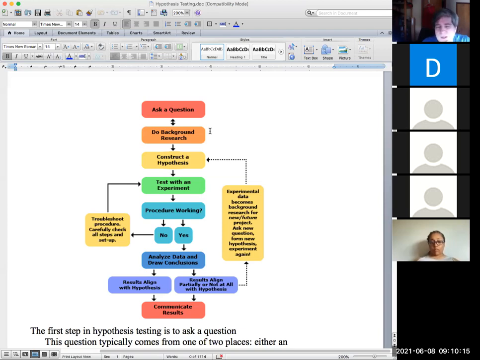Now, one of the things that does make science different than some other fields is in science, even if we know the answer to the question that you're asking, you can disagree with that answer and you can decide that you want to go ahead and do an experiment because you think there's a better explanation for it.